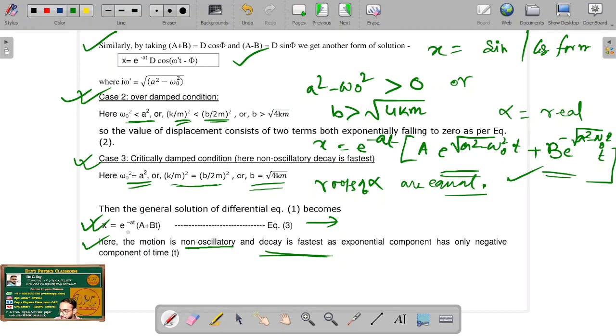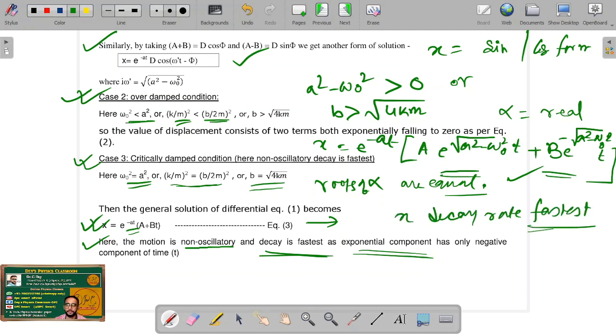Because this contains only the e to the power minus at term, an exponential term which contains a negative power. This equation 3 has a maximum decay rate of displacement compared to the underdamped or overdamped vibration cases. So for that reason, the decay component is fastest here.